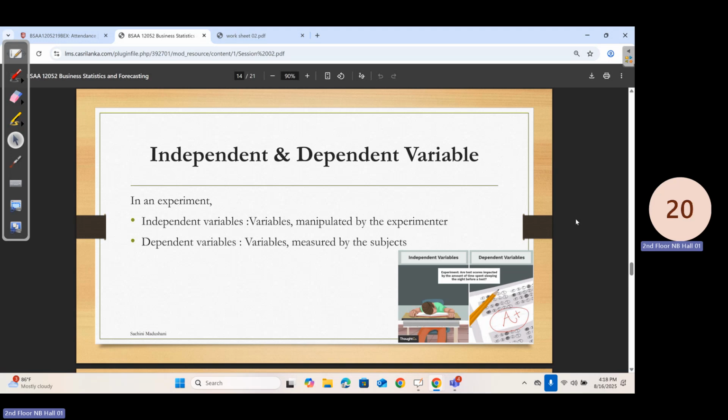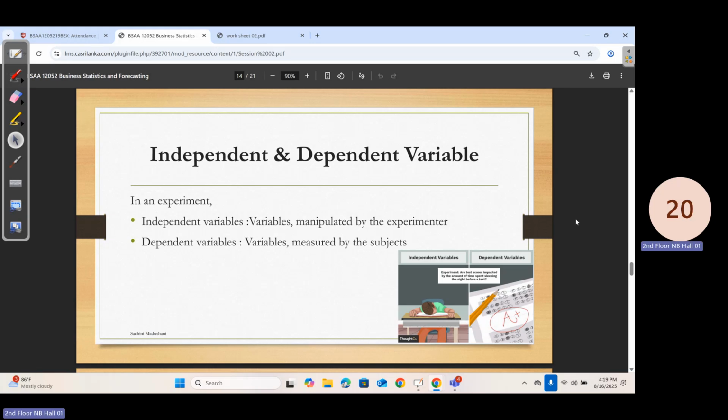The next categories are the independent and the dependent variable. Mainly variables we can divide into quantitative and qualitative. Then these two categories, independent and dependent, assume that we need to find out the relationship between the variables. Then we divide variables into two categories, independent and dependent.